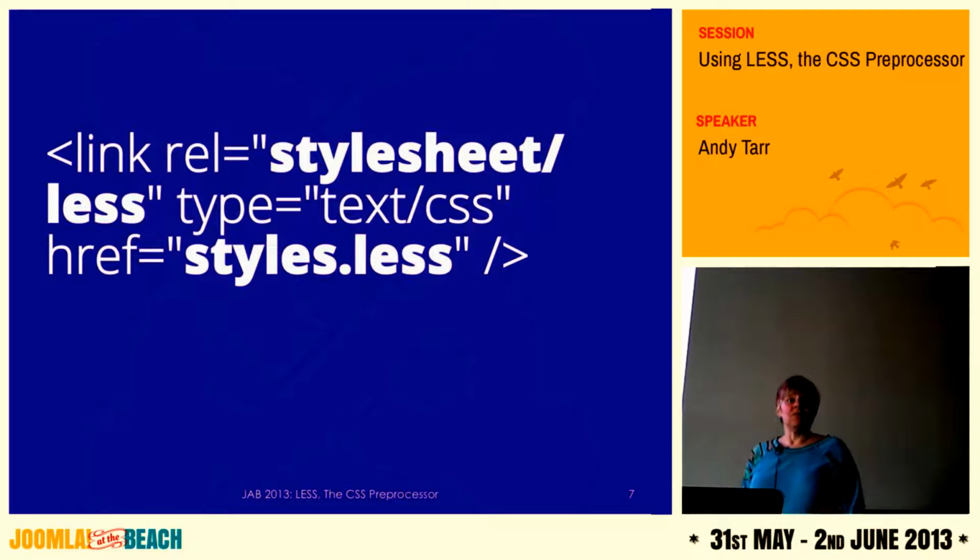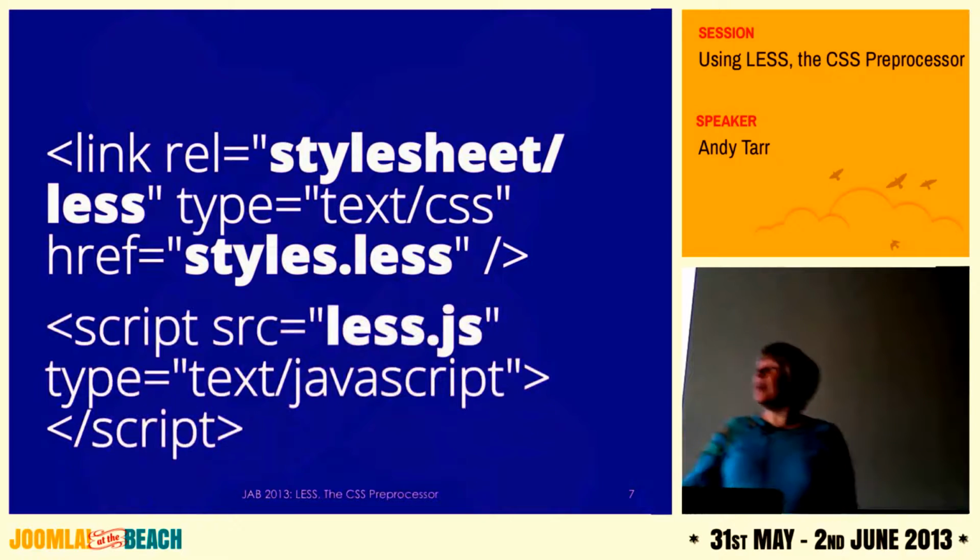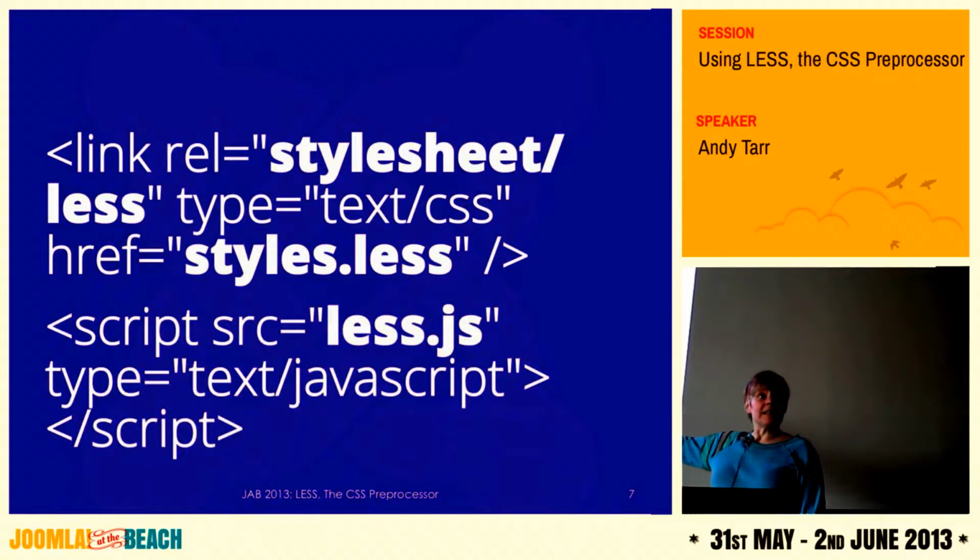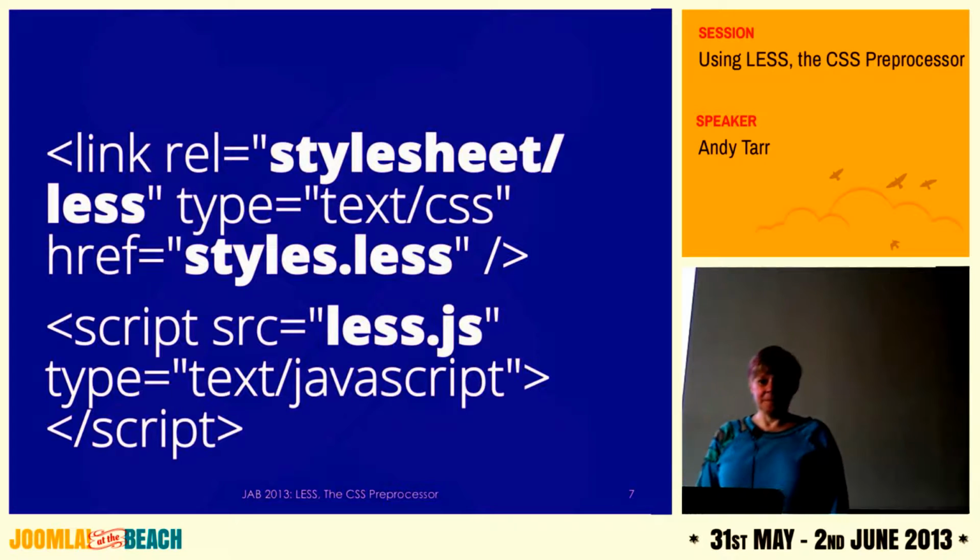It could be called george.less, whatever. And then you reference the less.js file, which is the thing that you would have gotten from lesscss.org, a JavaScript file that on the fly translates the LESS file into actual CSS.